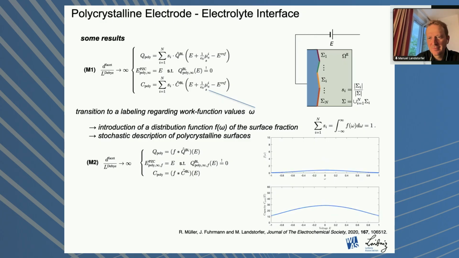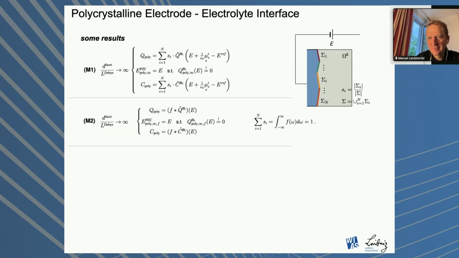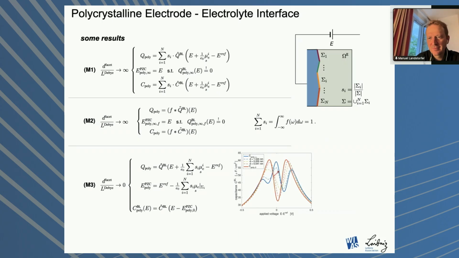And that's the main reason why for polycrystalline supercaps, for instance, you don't see any capacity humps at all anymore, but just, let's say, this single hump which you see down here on the right-hand side. So that's the conclusion here.